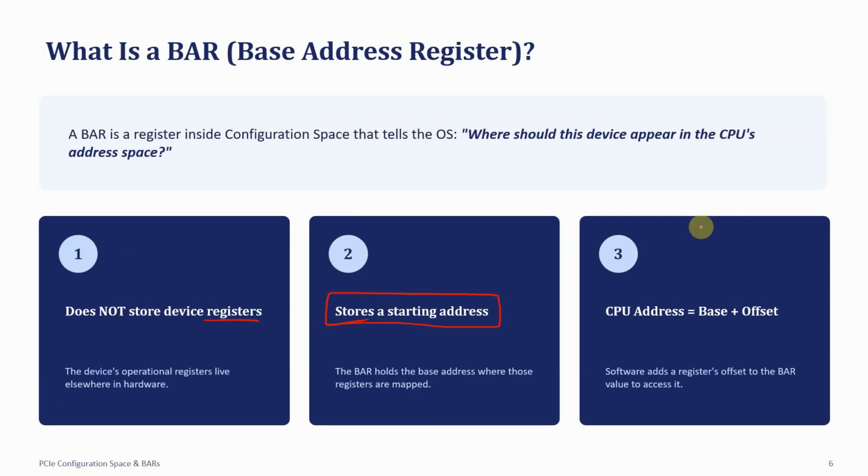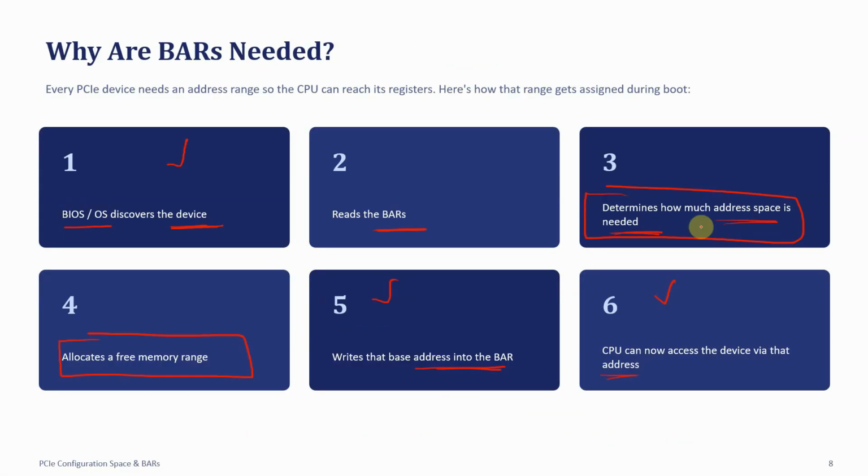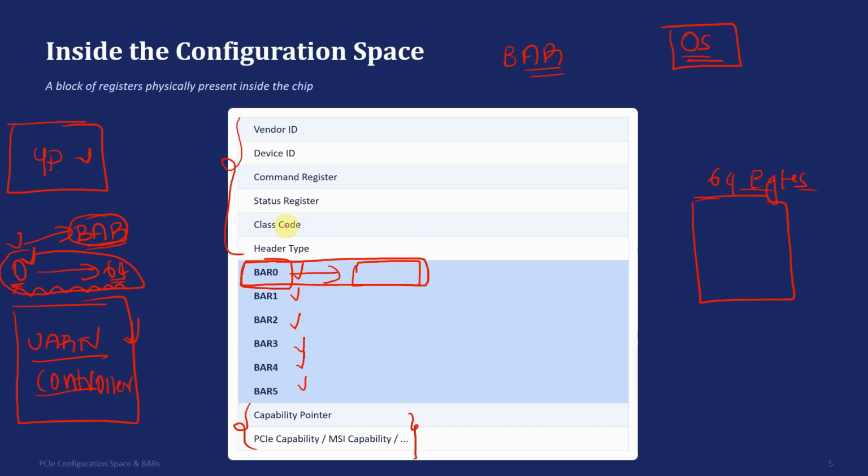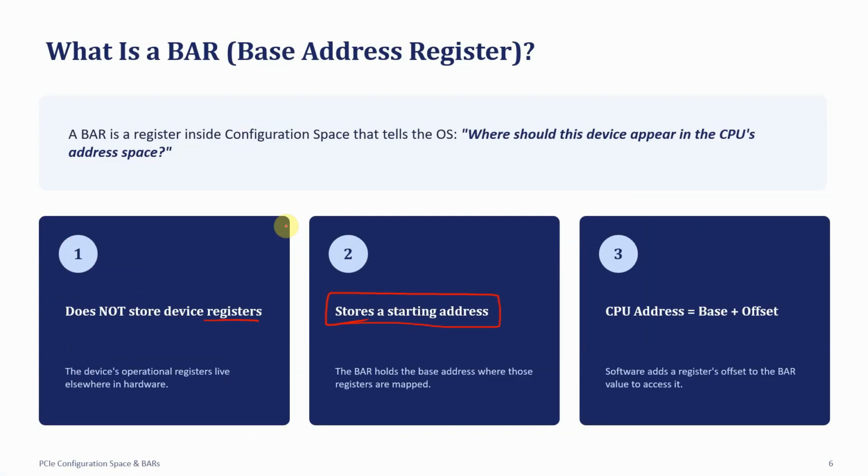So from this we can come to know that the BAR has two functionalities. One is for storing the base address, and another is for deciding how much space it is going to require. Now let us try to understand how the BAR is useful for determining how much space my controller needs, and how the controller uses the BAR for requesting the OS to dedicate that amount of space.